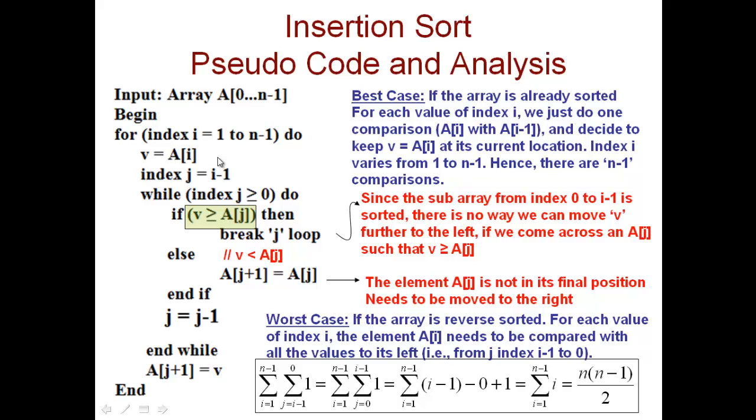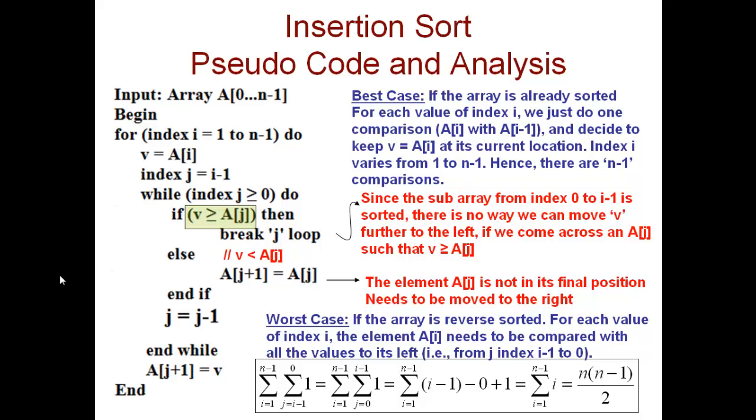And for each iteration of the ith loop, we'll run this j loop inside. So in a particular ith iteration, the value of I, so to begin with I equals 1, that represents the index of the first element in the unsorted portion. And we store that also in a temporary variable v, the value of that element at that index I.